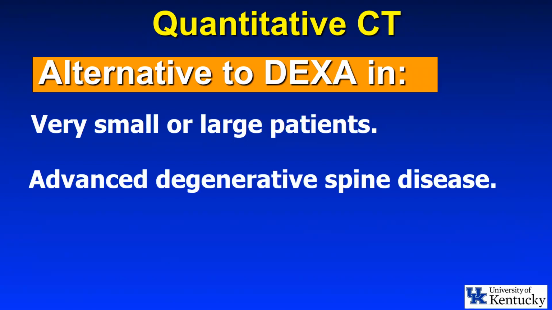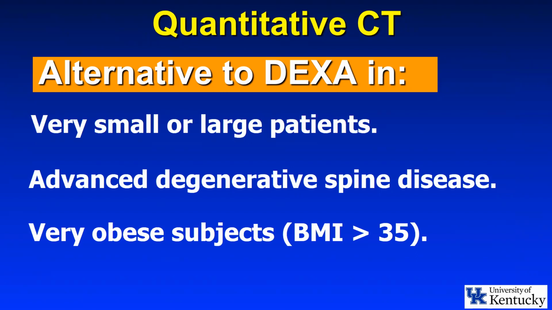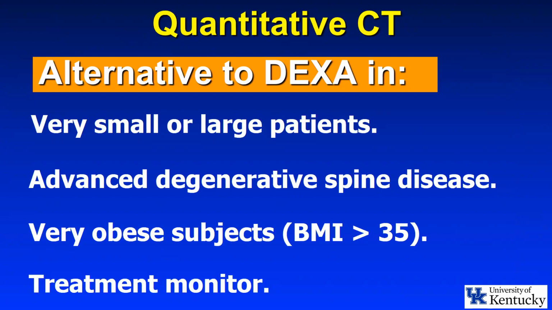Let's talk a little bit about the quantitative CT exam. Quantitative CT can be a good alternative to DEXA in a subgroup of patients, especially those who are very small or very large, because DEXA is less sensitive in these patients. Because as we said, DEXA scan is 2-dimensional.